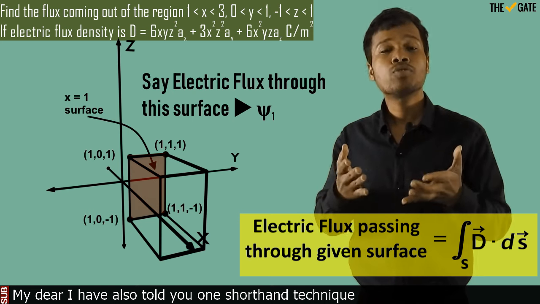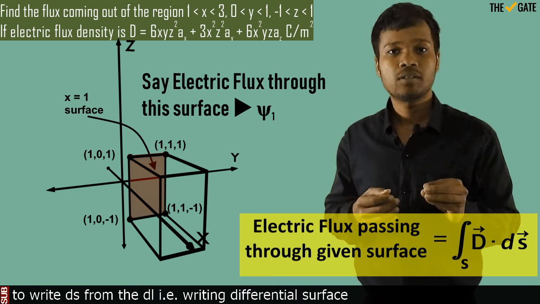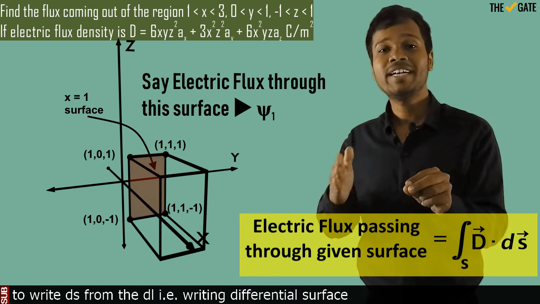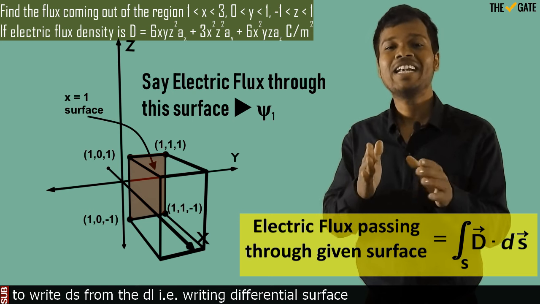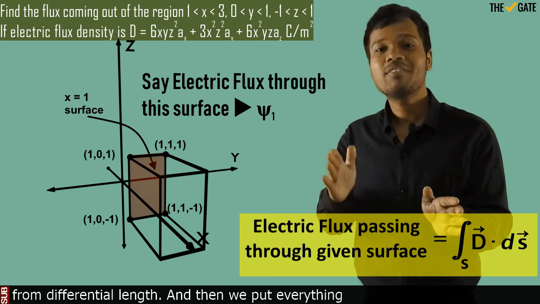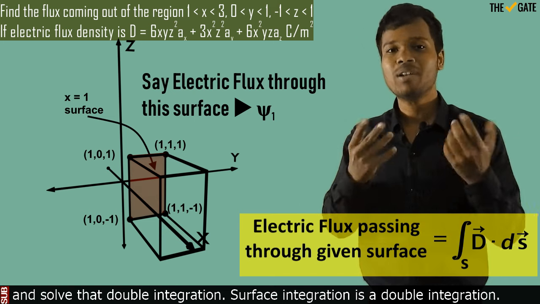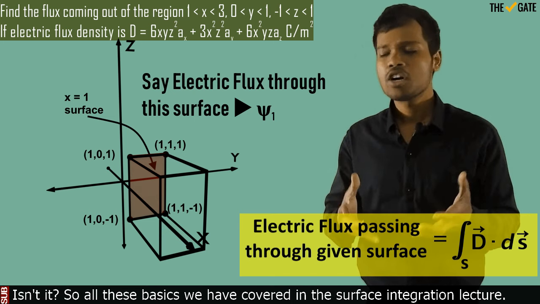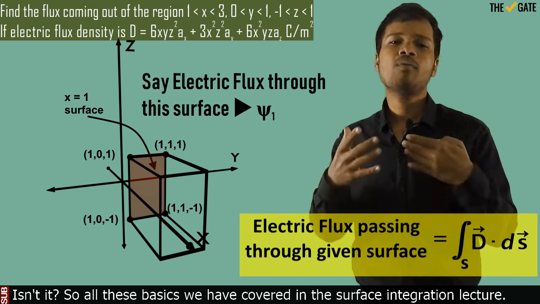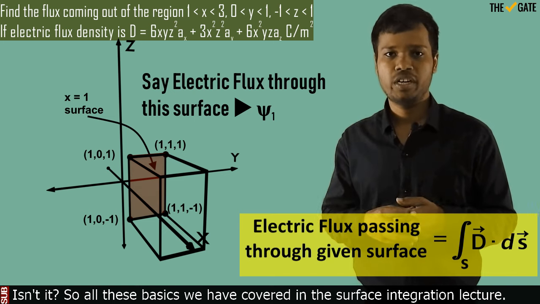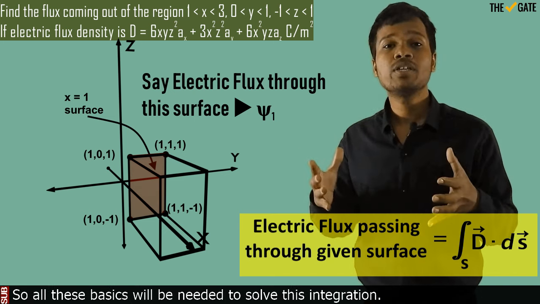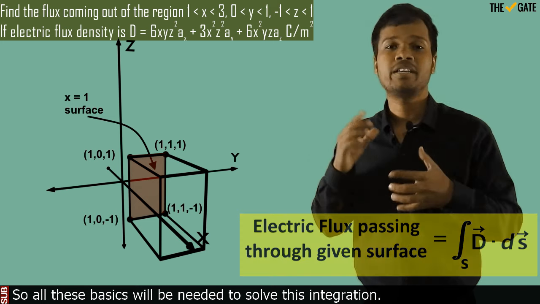My dear, I have also told you one shorthand technique to write ds from the dl, that is, writing differential surface from the differential length, and then we put everything and solve that double integration. Surface integration is a double integration, isn't it? So all these basics we have covered in the surface integration lecture. So all these basics will be needed to solve this integration also.